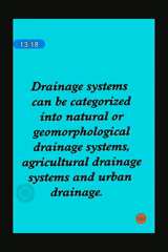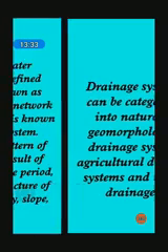So here we see, sometimes we categorize the drainage systems into natural or geomorphological drainage systems, agricultural drainage systems, and urban drainage systems.